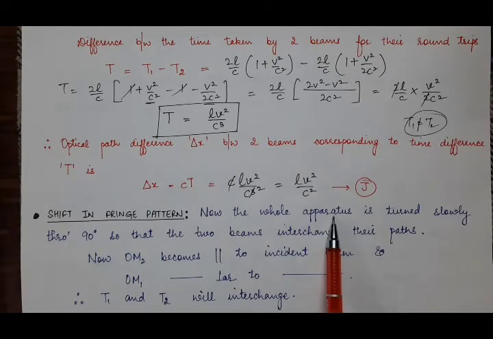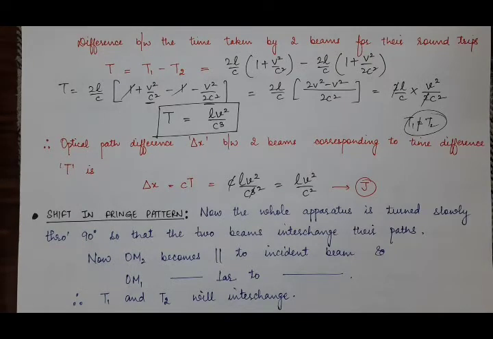Then they rotated the whole apparatus by 90 degrees, and when the whole apparatus was rotated through 90 degrees, what happened? Mirror M1 took the place of mirror M2 and mirror M2 took the place of mirror M1.